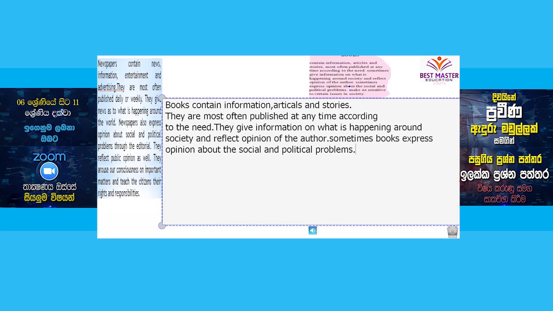The last sentence, they. මම they කියලා භාවිත කරන්නේ දරුවනේ books කියන අදහස ගන්න. As a pronoun, we can use they. They make us, M-A-K-E, make us, they make us sensitive. S-E-N-S-I-T-I-V-E, sensitive.